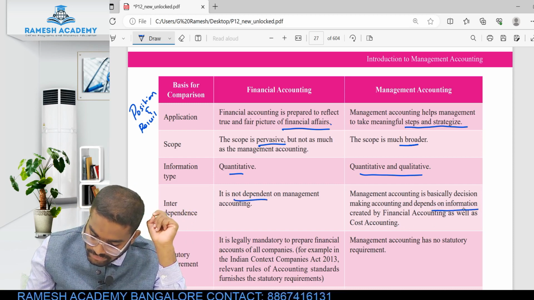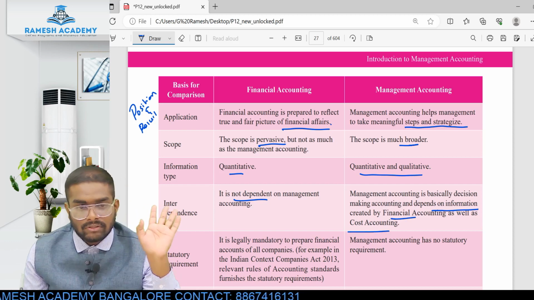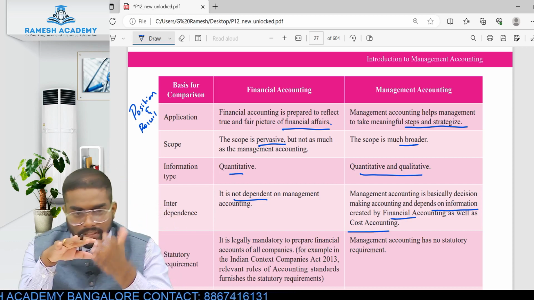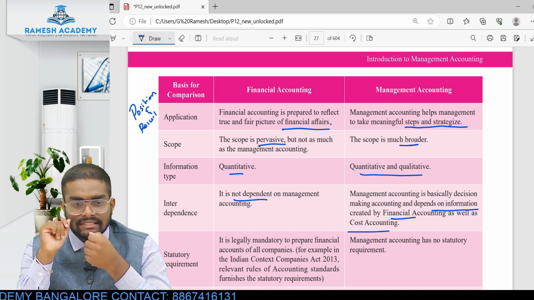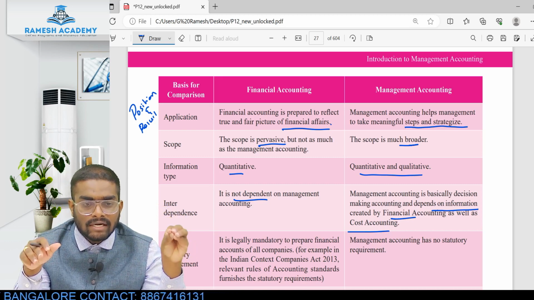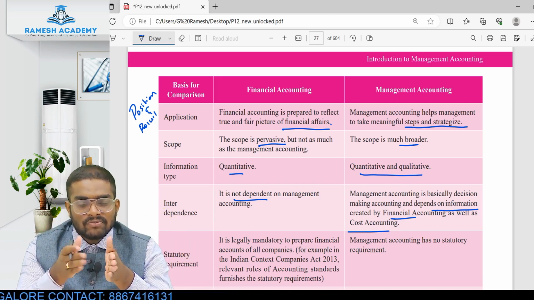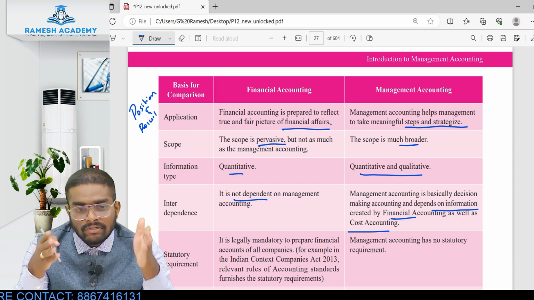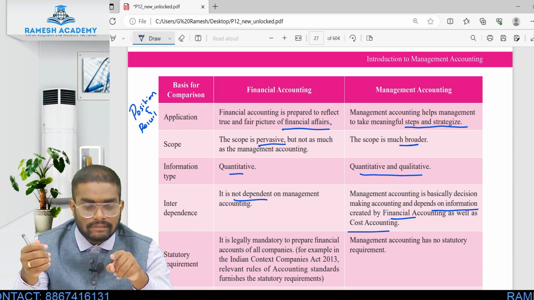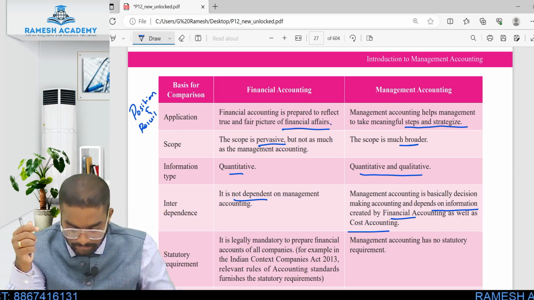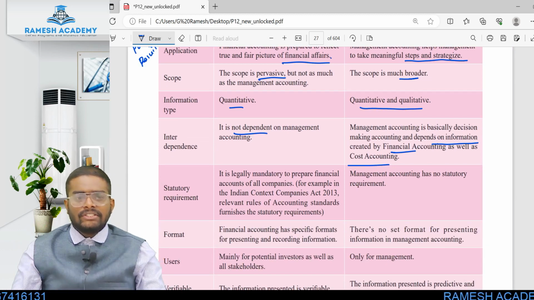It is dependent on information of financial accounting and cost accounting, because it will make decisions at a larger level. Financial accounting has a narrow space, because it is giving only financial information. It is not giving qualitative information. That's the reason. Then, statutory requirement.